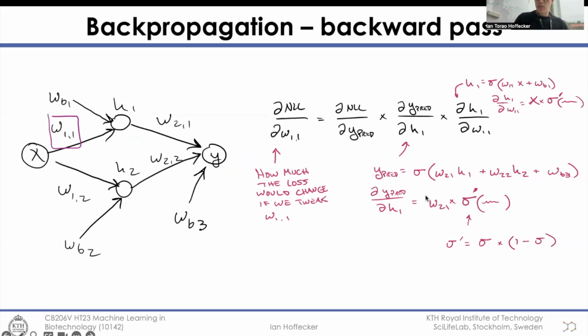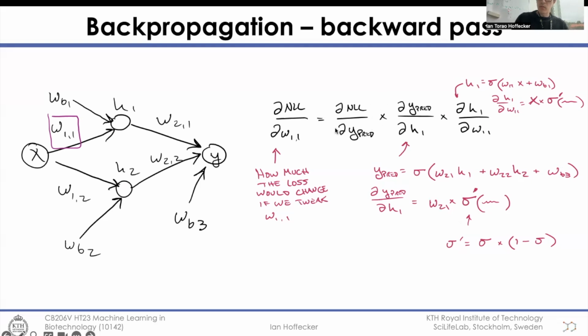And we can compute the derivative of this and get an answer in terms of h1. And we can do this again, move back further and do this now for h1. We have an expression for h1 in terms of its inputs, x, and its weights and bias. And we can compute a derivative there as well. And that way we can get these intermediate values.